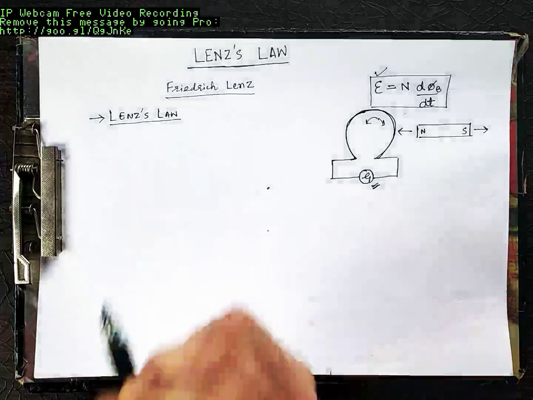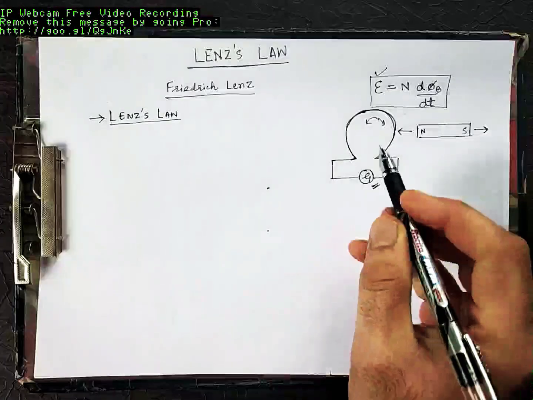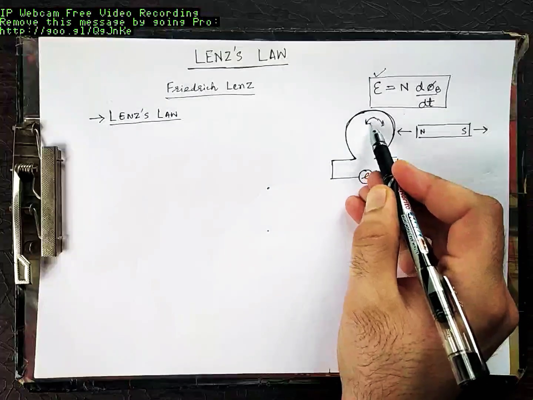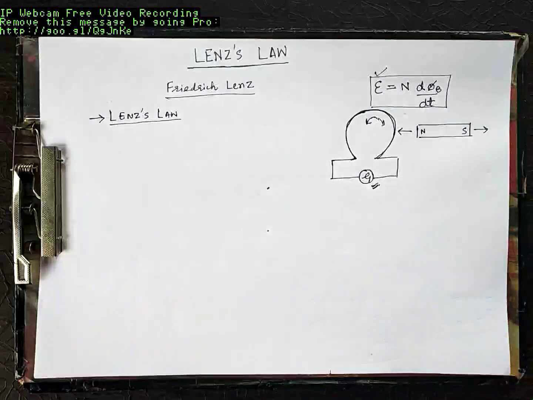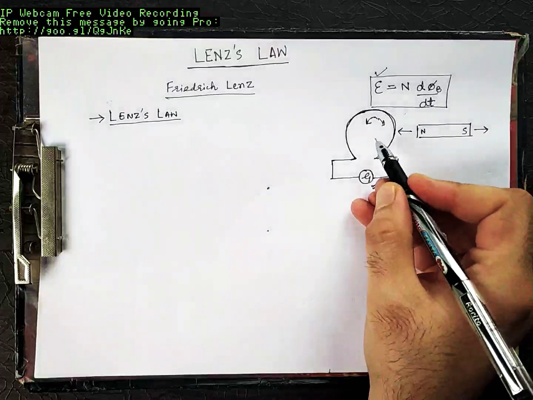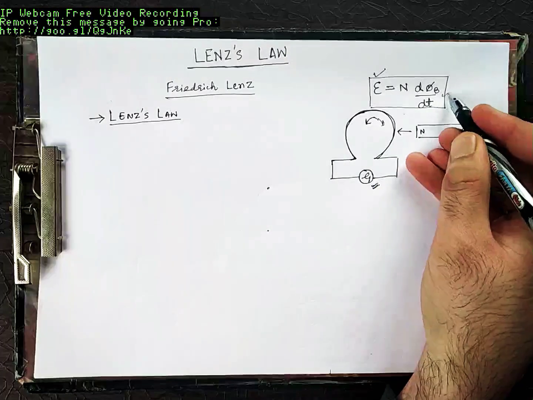Lenz's law tells us about the direction of current, or the direction of induced EMF, in the coil whenever that coil experiences changing magnetic flux.